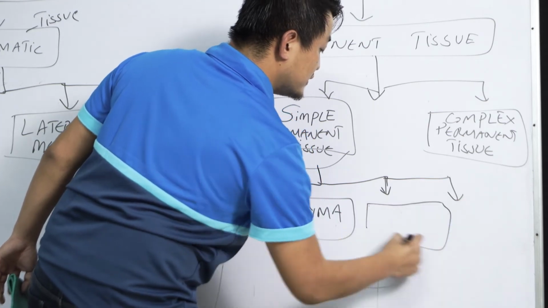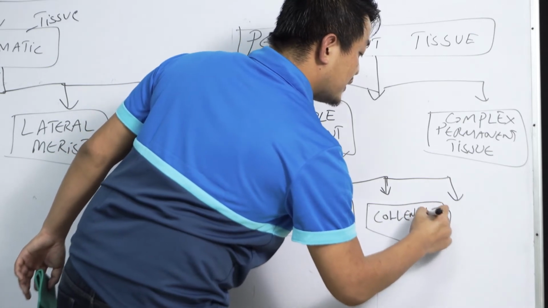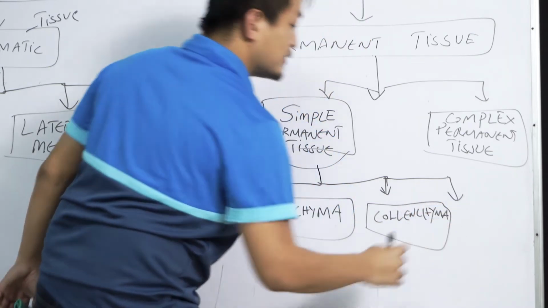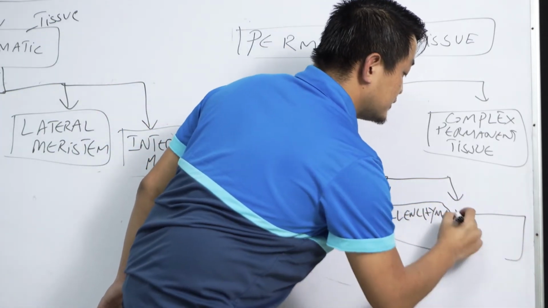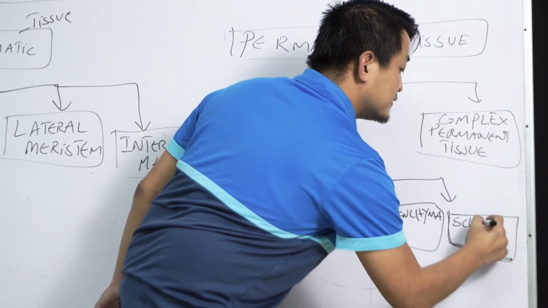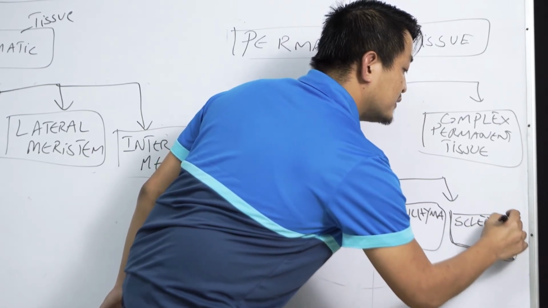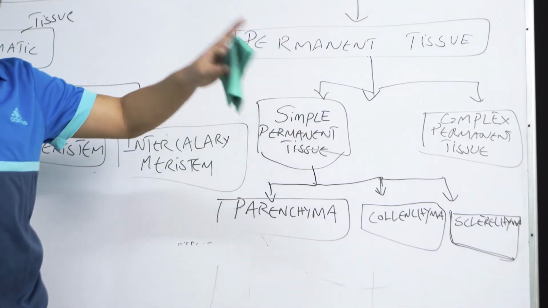The second one would be collenchyma. And the last one would be sclerenchyma. And under the complex, we'll have xylem and phloem.